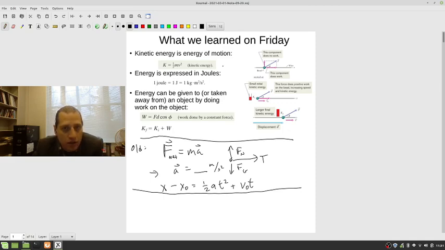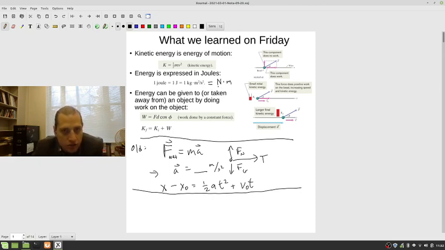Okay, so this is kilograms times meters squared over second squared. Another way to write that unit, kilograms meters squared over second squared, is as a Newton meter. If you're looking at the base units, a Newton is kilograms meters over second squared, and so now we have meters squared over second squared.